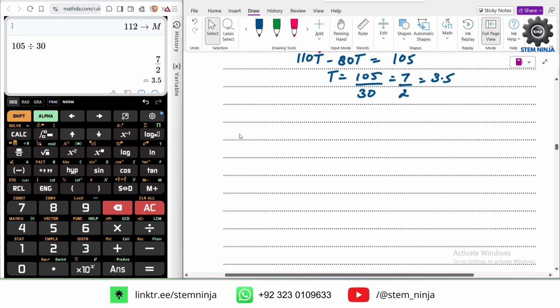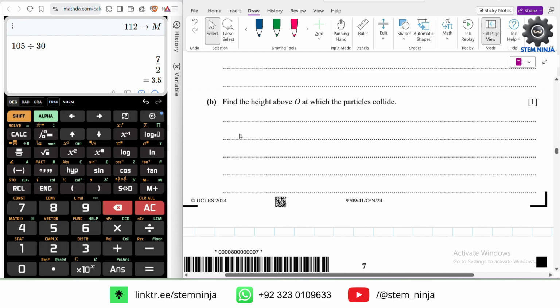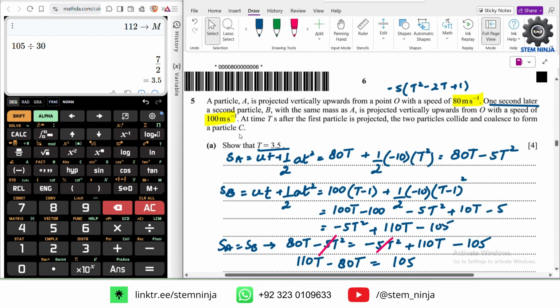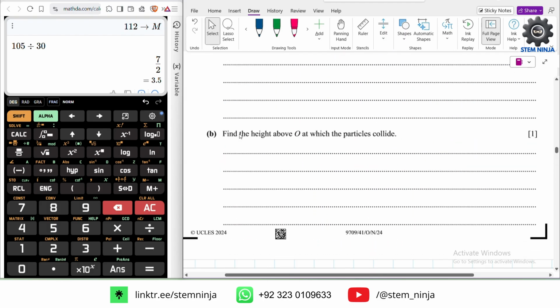Okay, find the height above O at which particles collide. So this is the time, and we need to find the height. Basically, first we find the displacement.